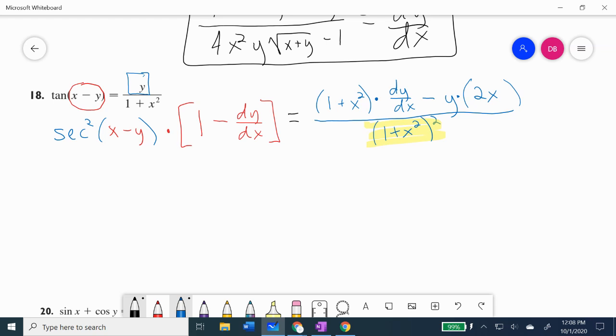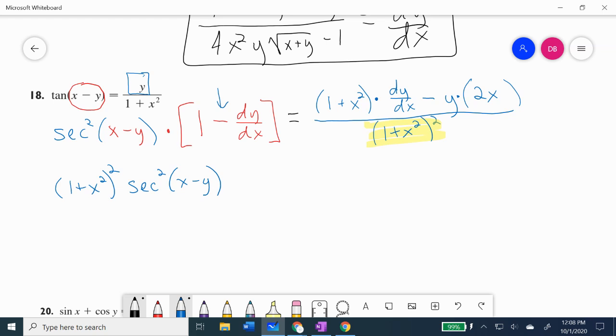So multiplying this to the left, I now have 1 plus x squared, quantity squared, multiplying to the secant squared of x minus y. And I need to distribute both of those together over this subtraction.